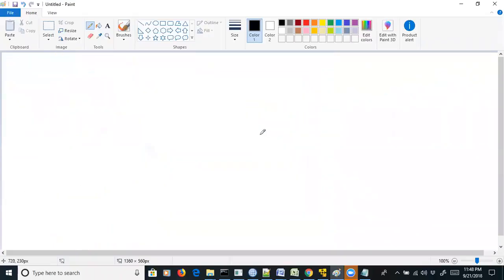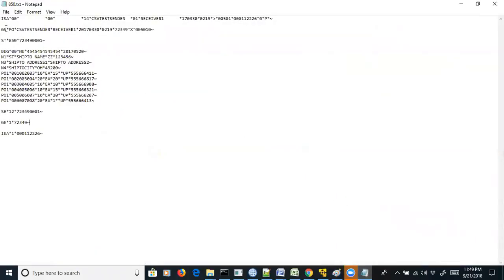Now let's talk about the components or the elements of an EDI. In this EDI file, you can see records, one line, right?